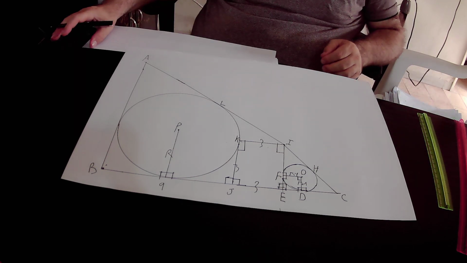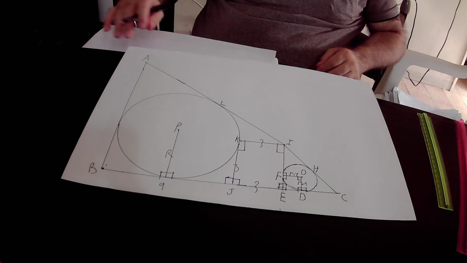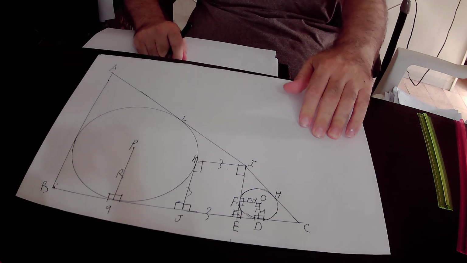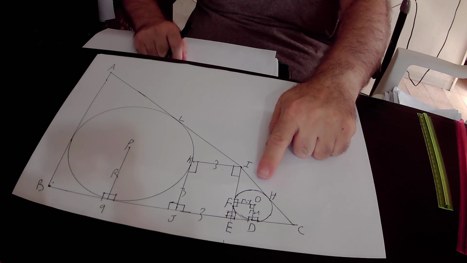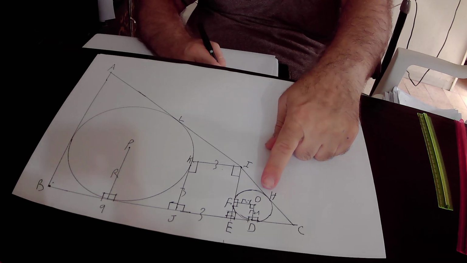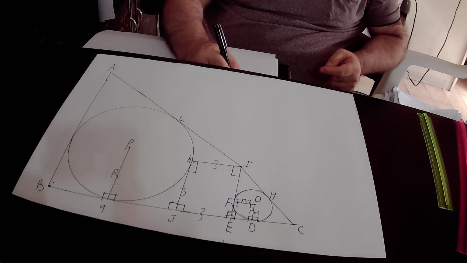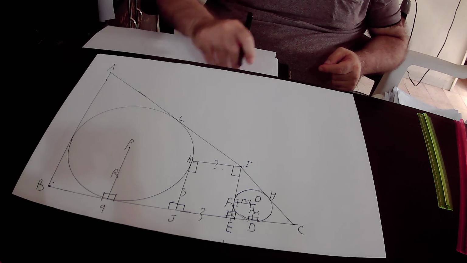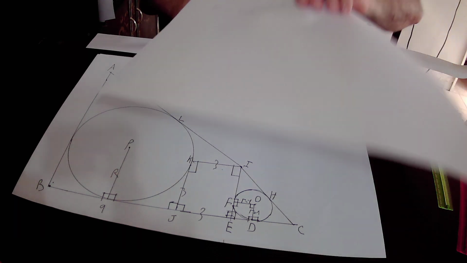And we know that the opposite sides of a rectangle are equal to each other. That is to say, FO is equal to ED.